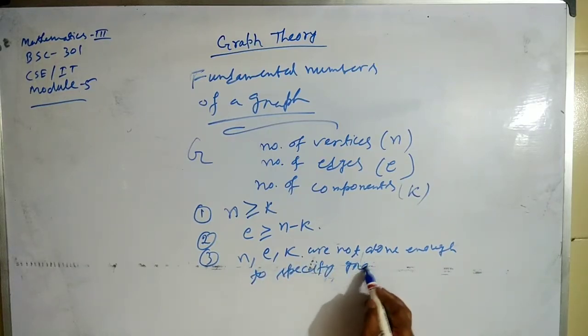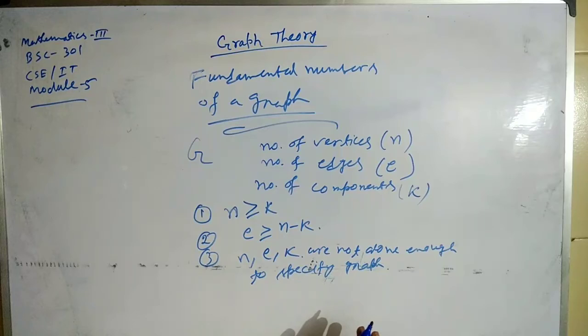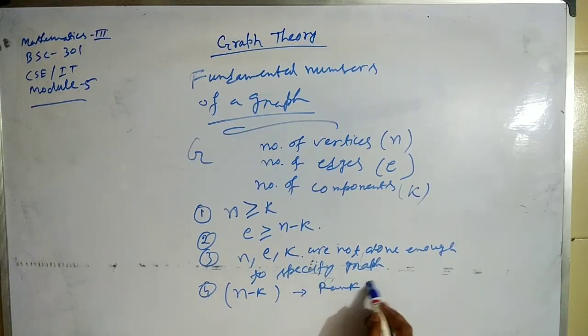That is, just by these numbers you cannot explain the properties of a graph, what type of graph it is, or which property is satisfied by this graph. And last, this is very important: N minus K is called the rank of a graph. In a graph, you get the number of vertices, and you get the number of components if it is a disconnected graph.